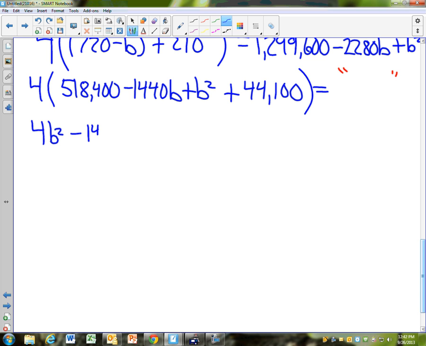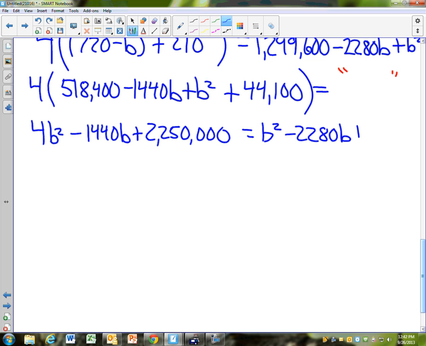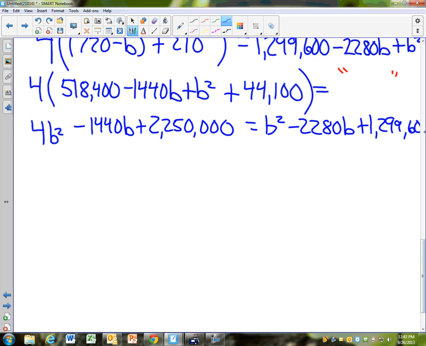So minus 1440b plus 2.25 million equals, we said that b squared minus 2280b plus 1,299,600. So yeah, there's big numbers, but really we're just combining like terms here. And you guys are one step away from being able to use your calculator in the quadratic formula.